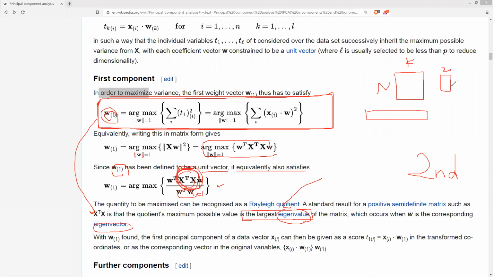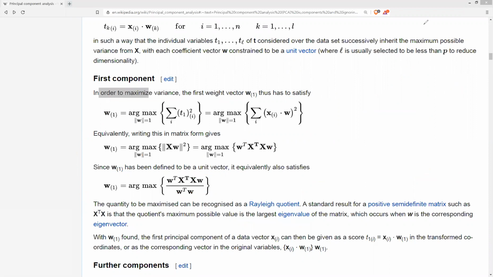And the third principal component is again equivalent to finding the third largest eigenvalue, and the weight is the third largest eigenvector, and by multiplying the third largest eigenvector with the original matrix, you can get the third principal component. This is very important.